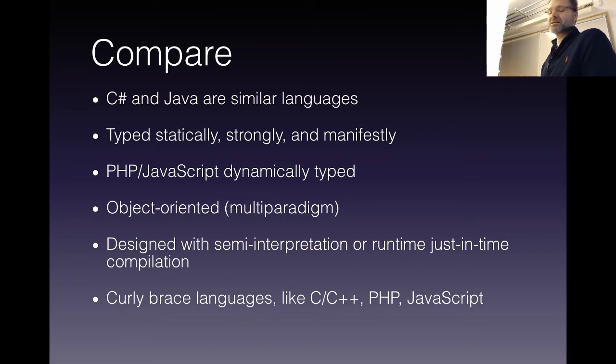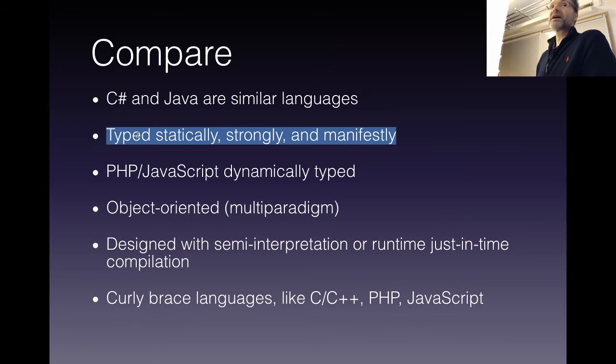So we have C# and Java, strongly typed languages. We define the types when we declare the variables, and so there is usually no change of the type of the variables.